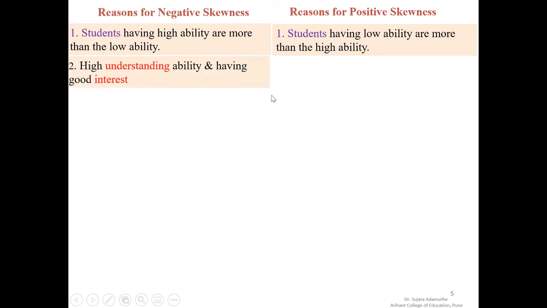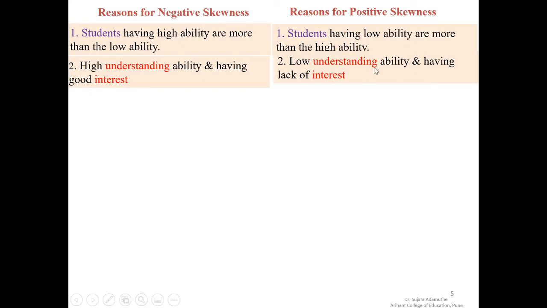Here, if the students have understanding ability and they are very interested in the study, then the negative skewness will come. Obviously, if understanding ability is high and they are very much interested in the study, they will get good marks, good scores, and obviously the negative skewness will come there.